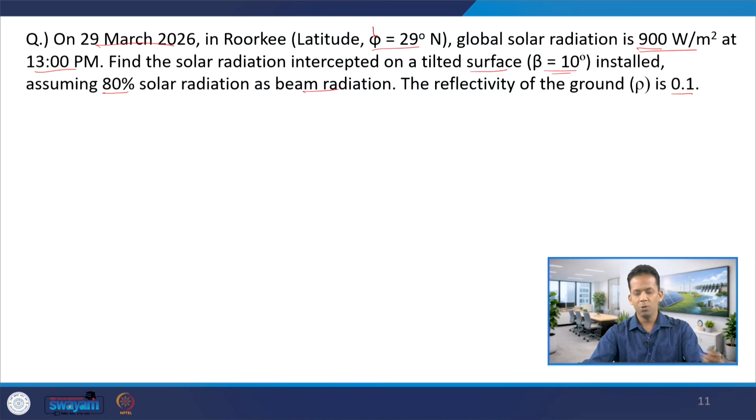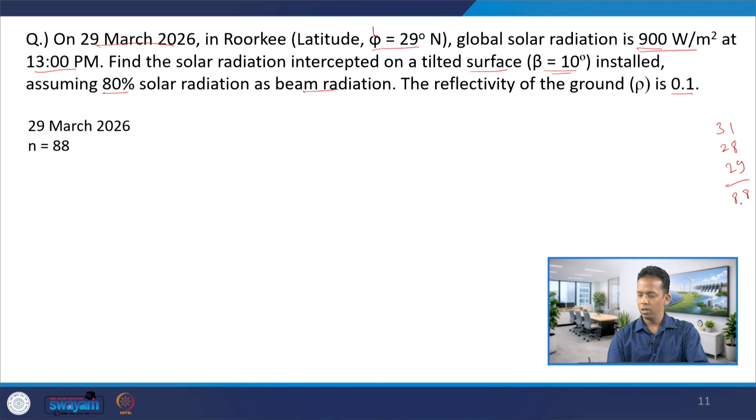Let us put down the given numbers. The date is 29th March 2026. What will be the value of N? N would be 31 plus 28 plus 29, which is 88 for the date 29th March 2026.